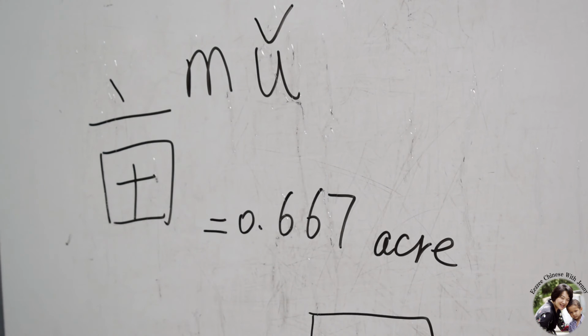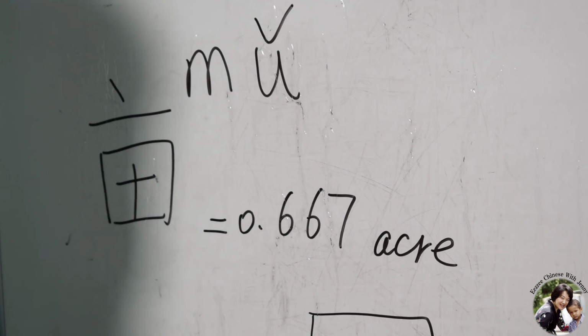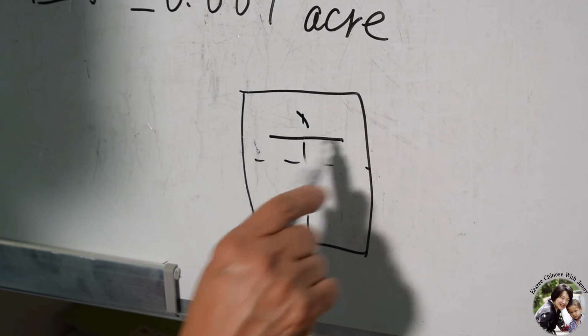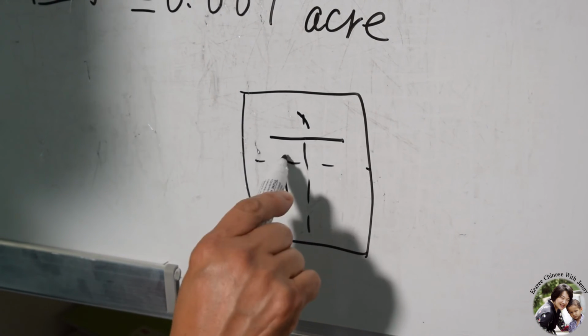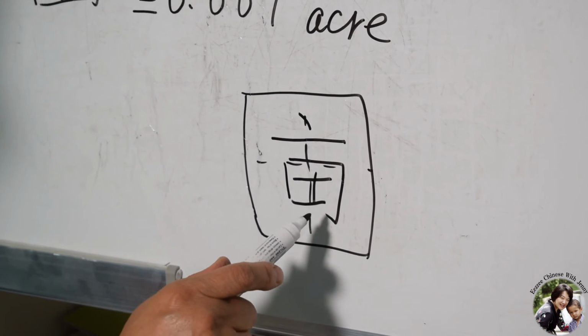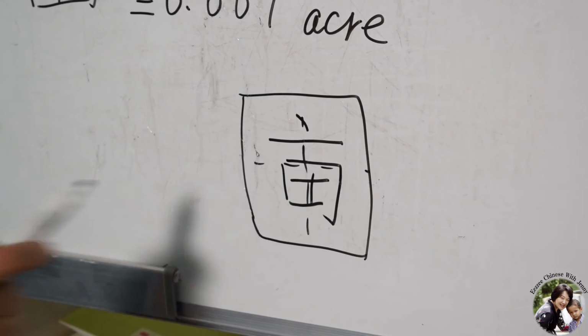It's very simple. You just write 点横 and then the lower part, 田. Mu, a measurement of farmland.